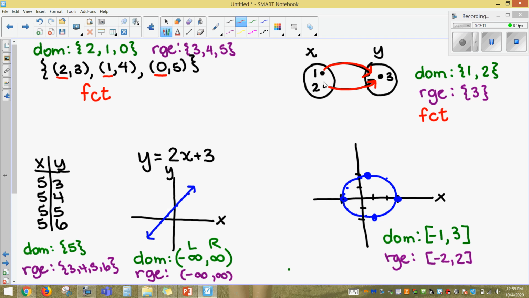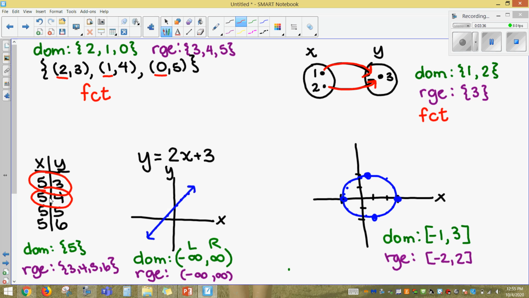And it's the x values that we're focused on. We don't care where the arrow goes over here as long as there's only one ending point for each of our x's, one y value. When we come down here to the bottom left, this says I'm going to match my x value of 5 with 3. And then what happens when I come right down here?